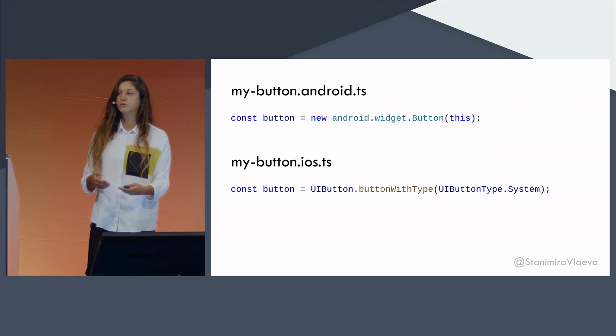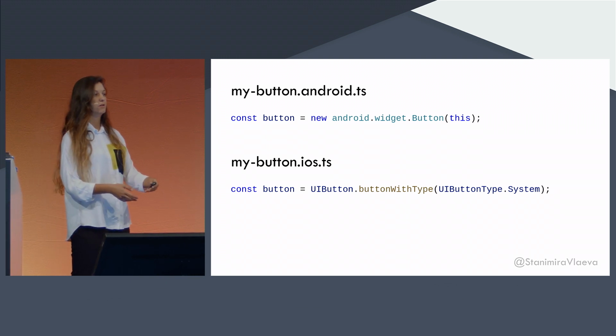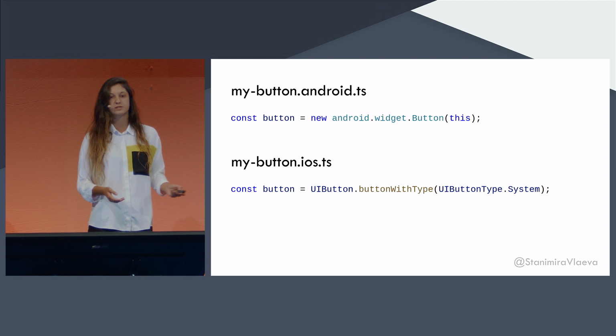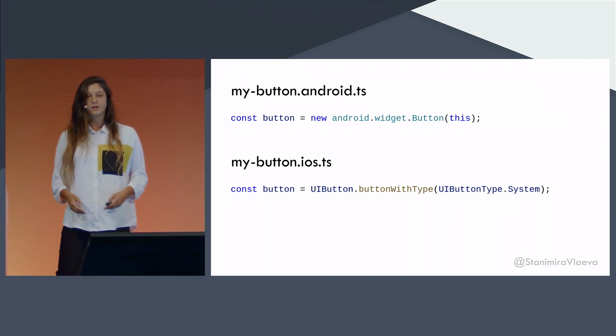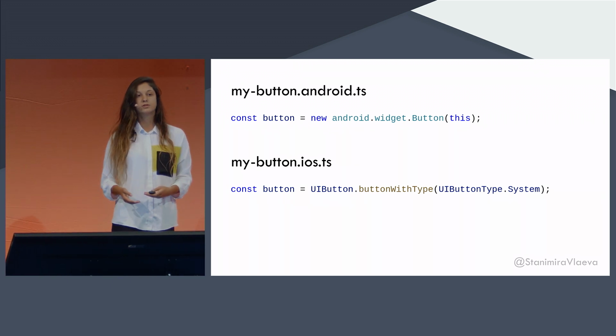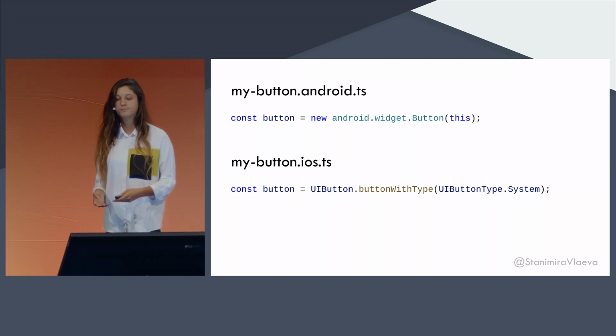I'm not going to get into much detail on how this is different from the other available cross-platform frameworks, but we can talk about it later if you're interested. So as you can see, the underlying APIs are quite different. So there is nothing cross-platform yet.